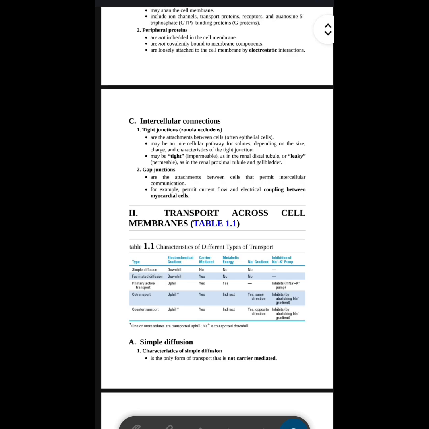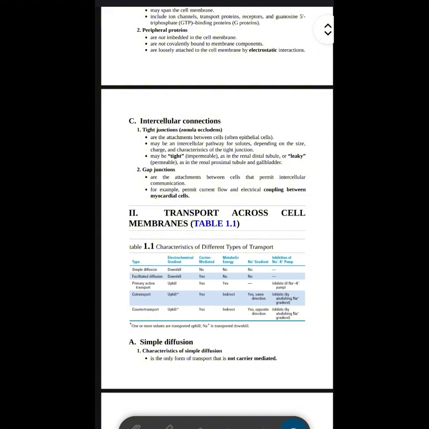They may be tight, impermeable, as in the renal distal tubule, where there is no chance of leaking, or leaky, permeable, as in the renal proximal tubule, PCT, and the gallbladder.